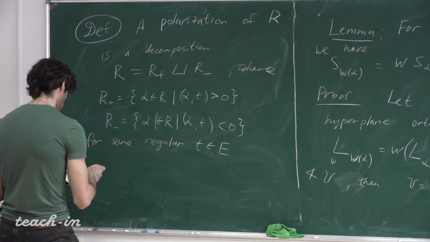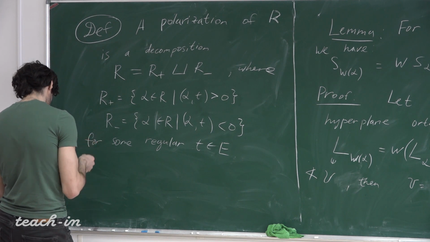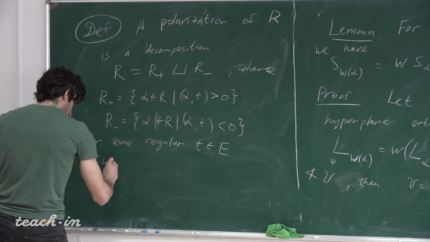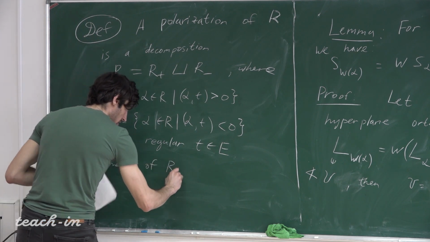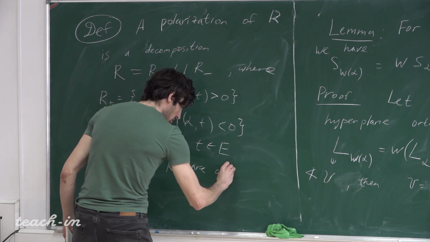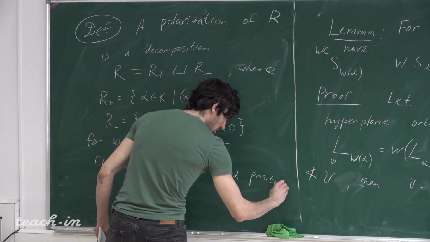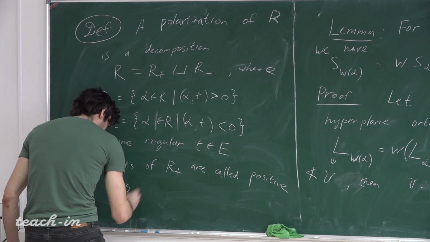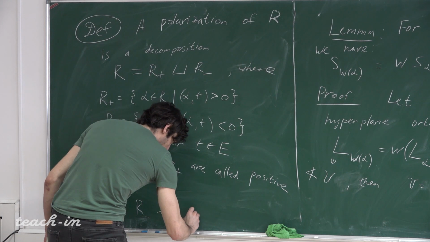Right. So I said positive and negative, but formally I didn't write the definition. So elements of R plus are called positive roots, and of R minus, respectively, negative roots.